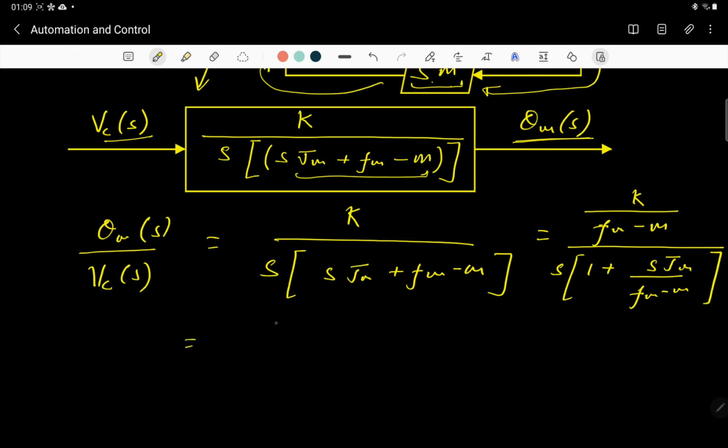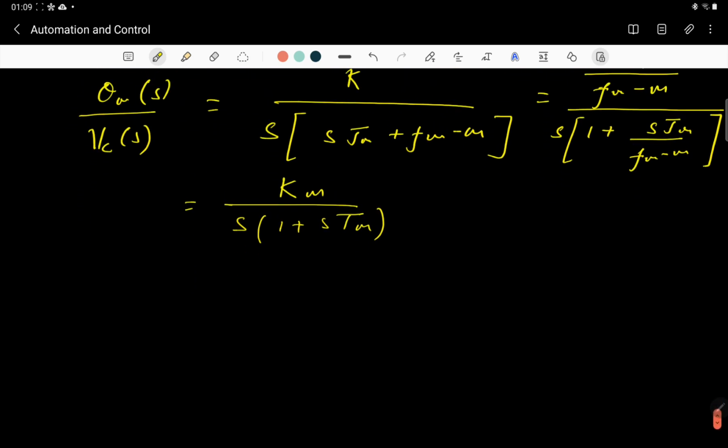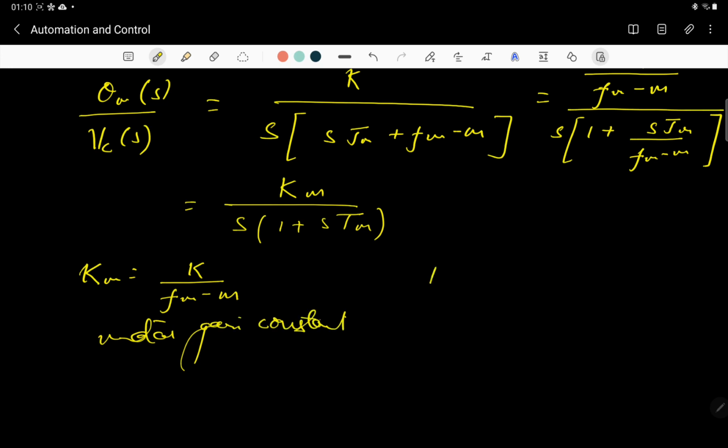Now what we got is Km upon s(1 plus s Tm), where Km and Tm are what? Km is simply K upon (fm minus m), which is your motor gain constant. And Tm is simply Jm upon (fm minus m), which is termed the motor time constant.